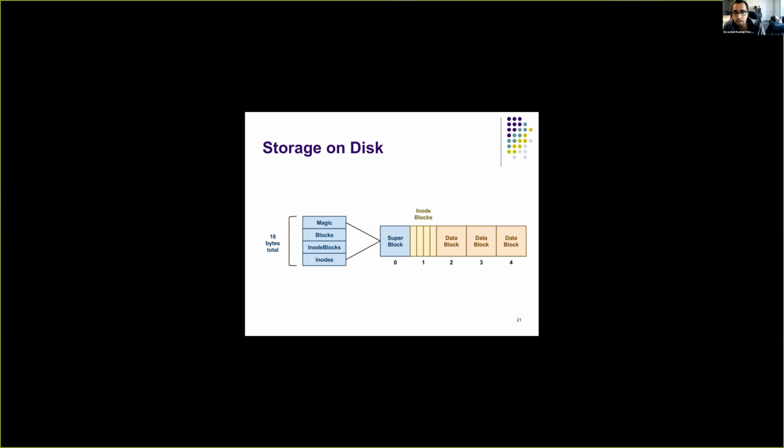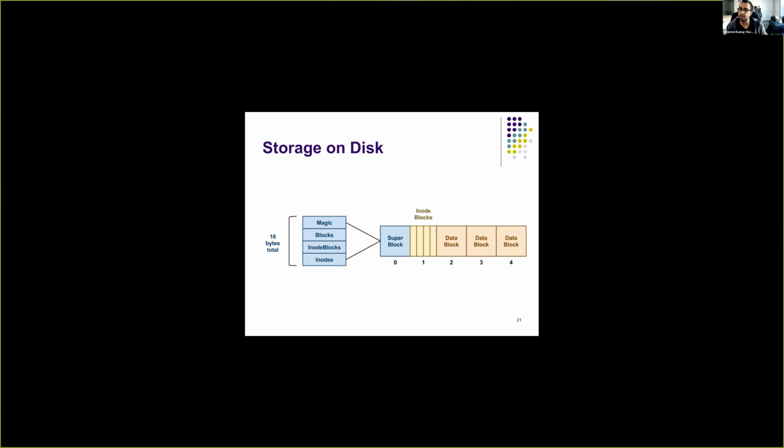It contains a magic number, which indicates the type of the file system, the number of blocks on the disk, the blocks that represent the inodes, and finally the inode bitmap, basically which inodes are free and which are allocated. After the super block, we have a bunch of space allocated for inodes. All these blocks are inode blocks, dedicated just to storing inodes. And then we have data blocks that will be pointed to by the inode blocks. This is how inodes are stored.